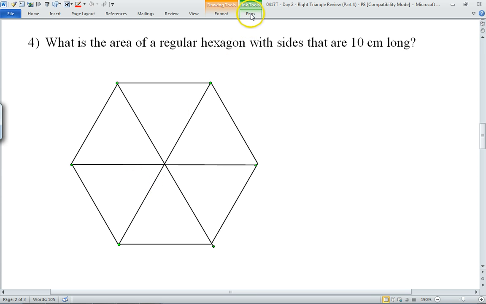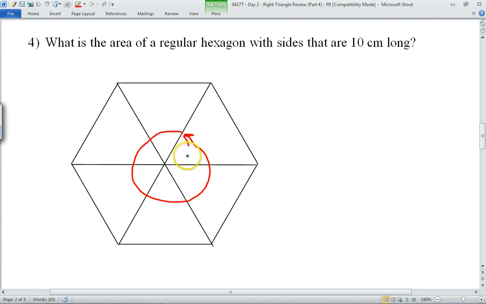Now, to be able to do that, we need some angles. So the part I'm going to say next is the key. How many degrees is it all the way around in a circle like this? If I go all the way around a circle, how many degrees is that? Of course, that's 360 degrees all the way around.